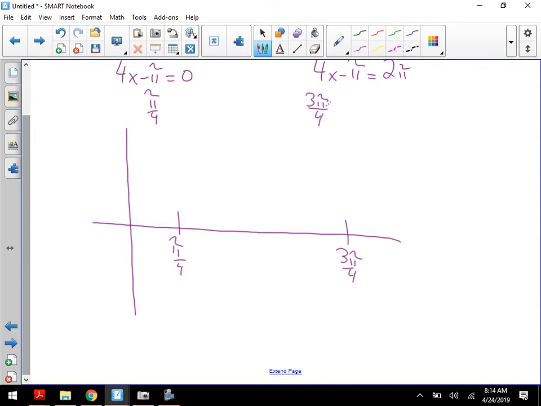Pi over 2, good. This is where we have to figure out some other fractions. What's halfway between pi over 4 and pi over 2?